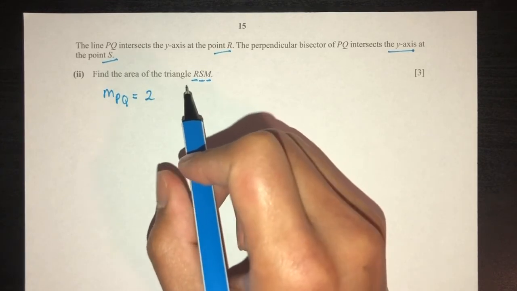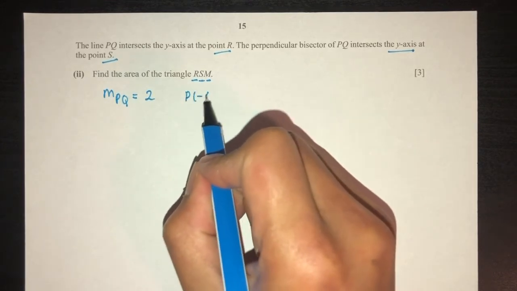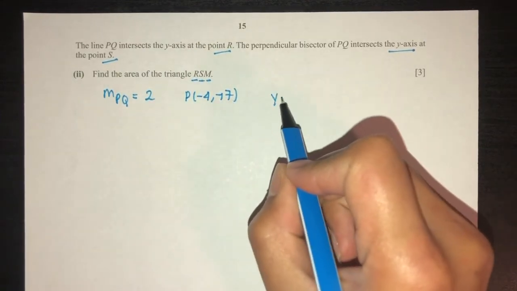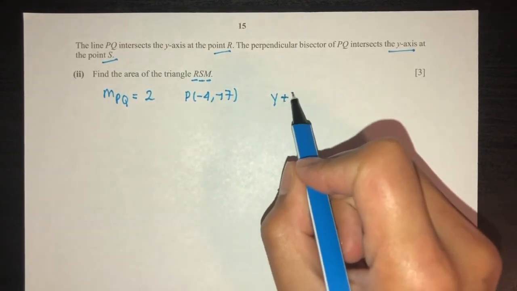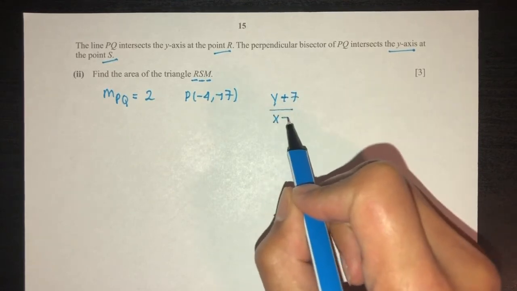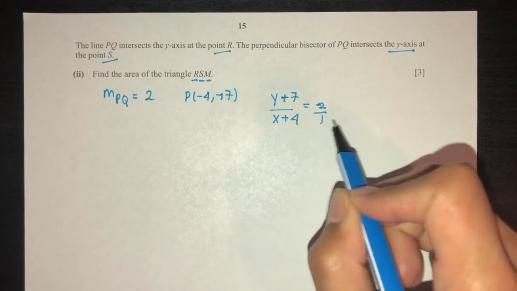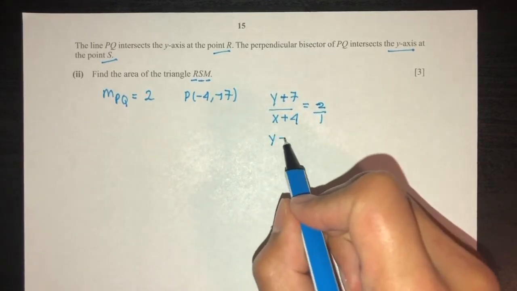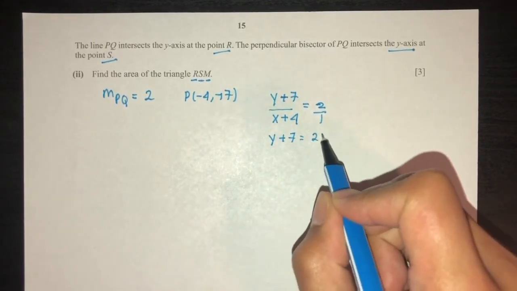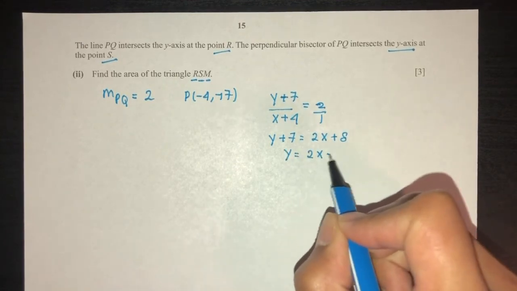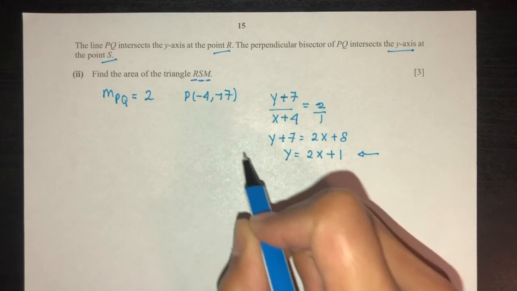We have seen that the point P is (minus 4, minus 7). So we can find the equation, that is (y plus 7) over (x plus 4) is equal to 2 over 1. Cross multiply, you will have y plus 7 equal to 2x plus 8. So y is equal to 2x plus 1. That is the line PQ.